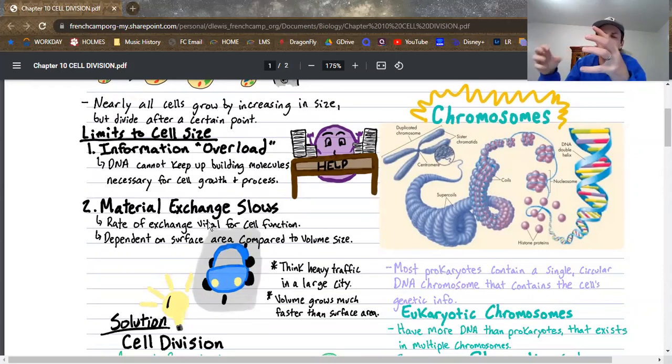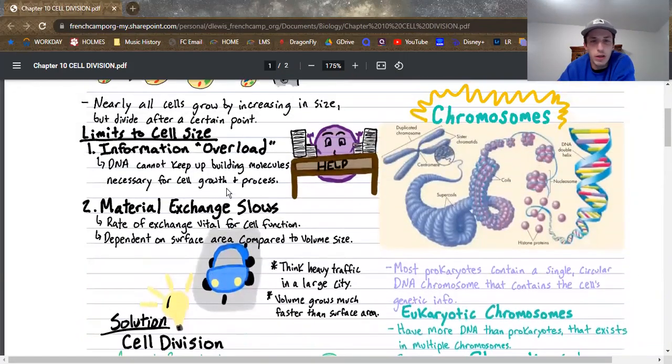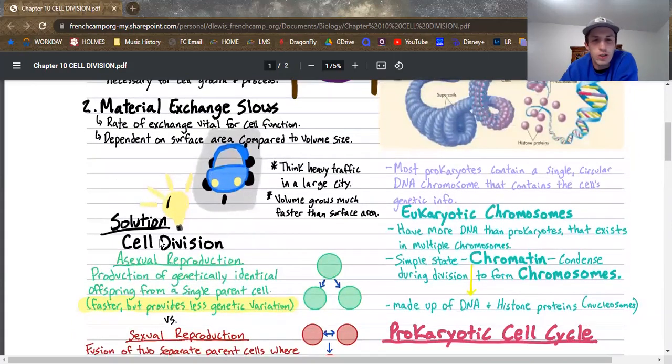Obviously, the larger the surface area, the more traffic and volume you have in there, the slower you're going to move from place to place. Whereas if it's smaller, you have less traffic, then you're going to move much quicker. So our solution to this problem with the information overload and material exchange was cell division.